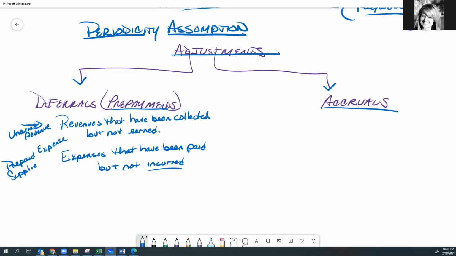Supplies would fall under here. So in our accounting cycle, when we are identifying transactions, these have already been recorded with the cash, but we're recording a liability and an asset because the revenues have been collected but we haven't provided the services yet, so it hasn't been earned. Or we paid the expenses, but we haven't actually incurred them yet. We prepaid them. That's why these are often called prepayments.